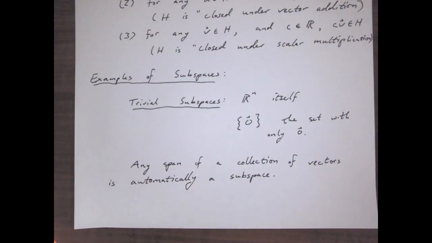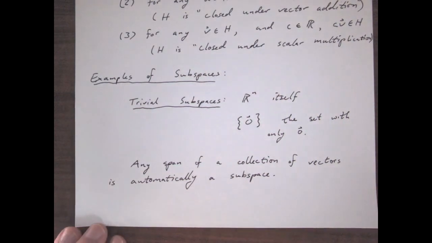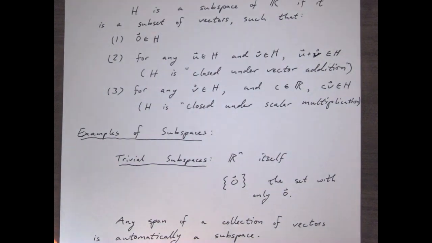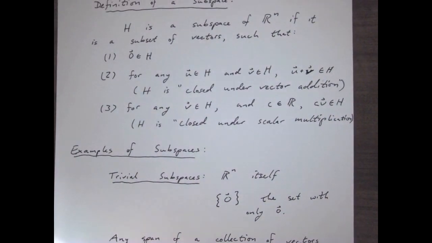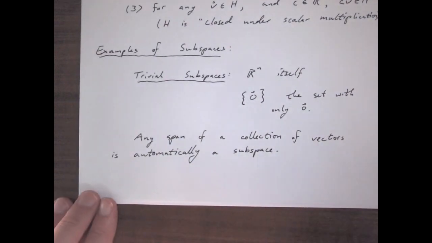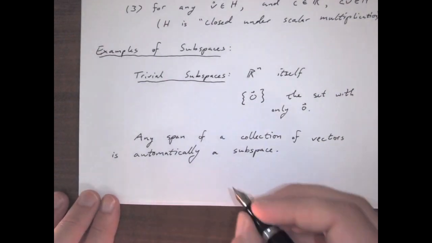If I take vector 1, vector 2, vector 3, they're all the same size, and I take the span of those vectors, that is taking literally all the linear combinations of them. So everything you can make by adding, by scalar multiplying. And so essentially we have just made a set that by design fits exactly these conditions. So any span of a collection of vectors is automatically a subspace.